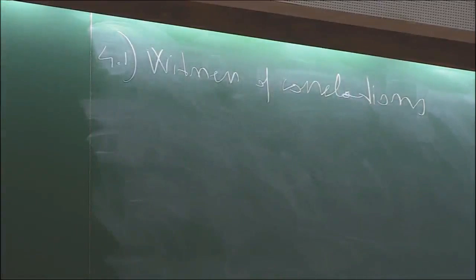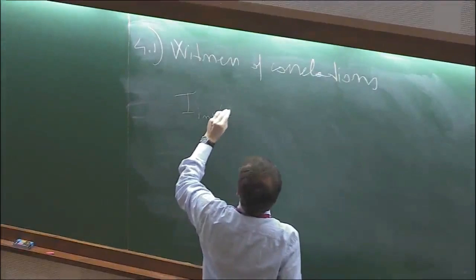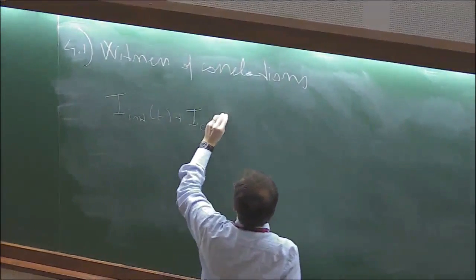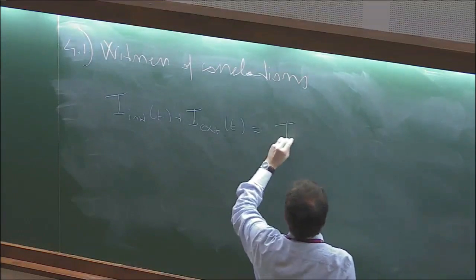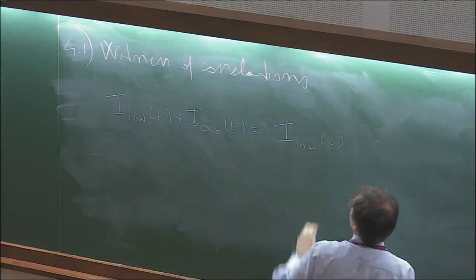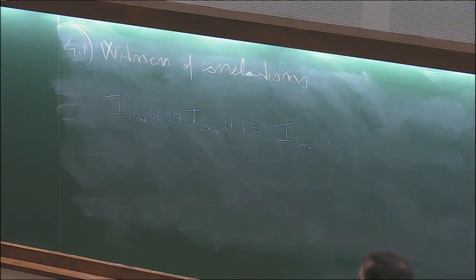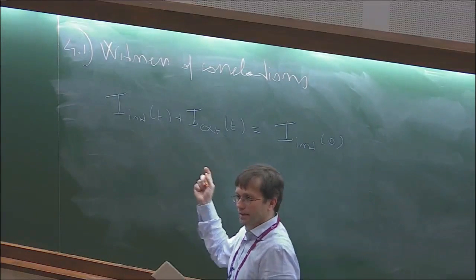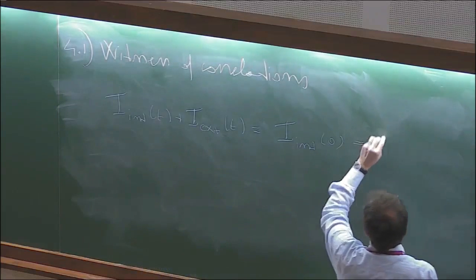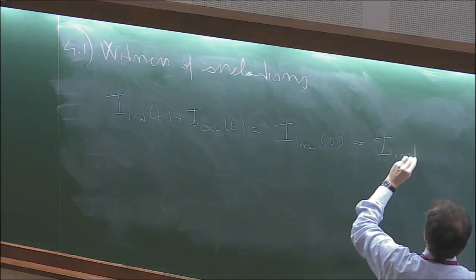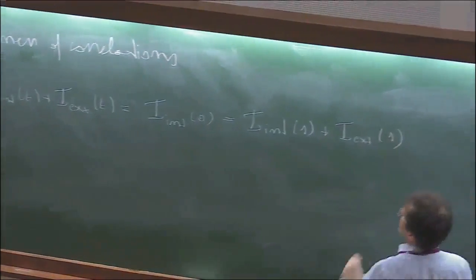And the idea goes as follows. I've already shown that the sum of internal and external information is a constant. In particular, it is equal to the value of the internal information at time t equals 0. So there is a kind of conservation of this quantity. If the one grows, the other decreases, and vice versa, and that was the initial point. Now, if this is so, one can also consider another point in time, say s, and rewrite the sum of the same object.